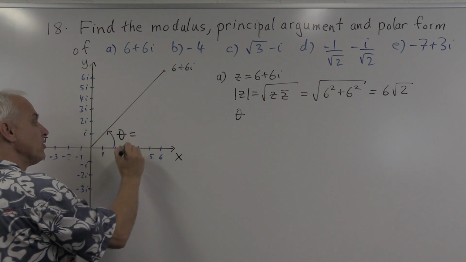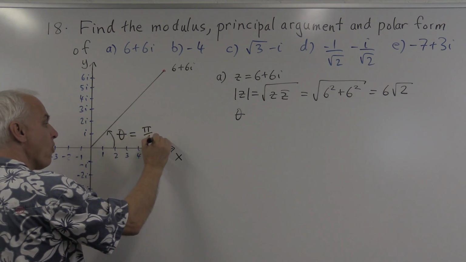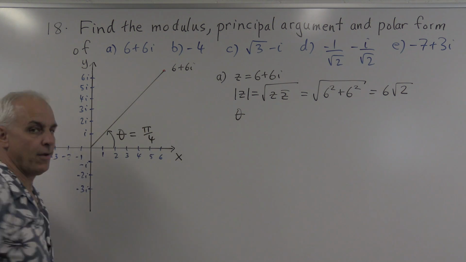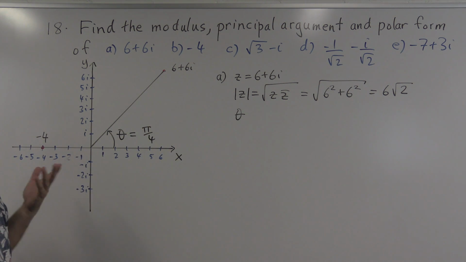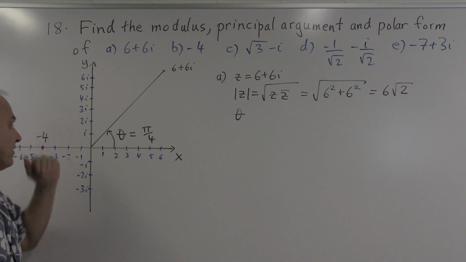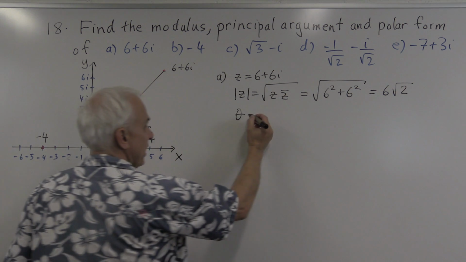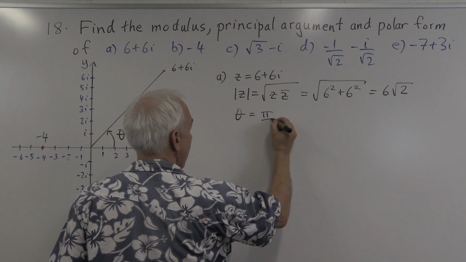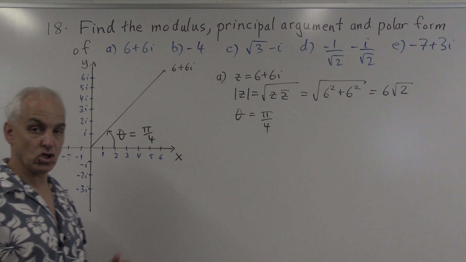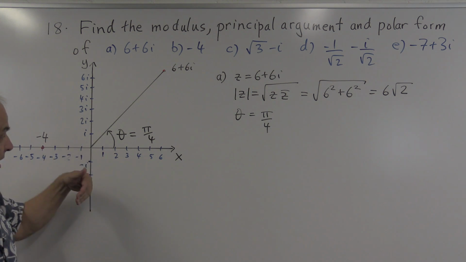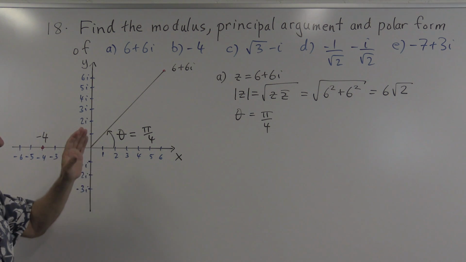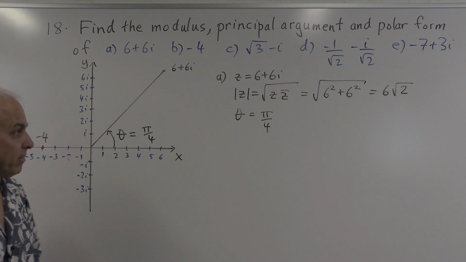The angle is going to be pi on 4, because this is a 1, 1, root 2 triangle, and so that's a familiar 45 degrees, or pi on 4. So theta is equal to pi on 4, and that's in the range of being between minus pi and pi, so it's really also the principal argument.